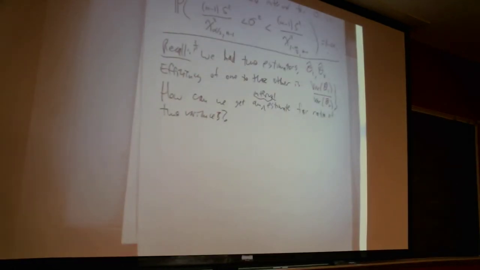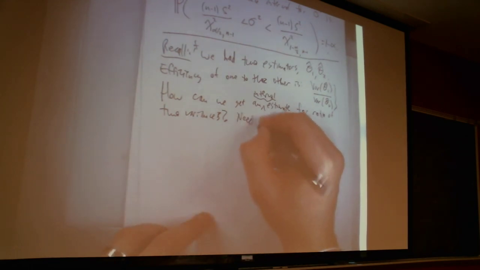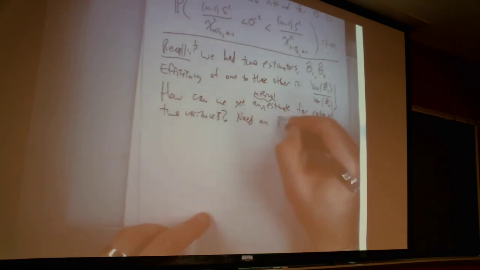This is a new distribution that we skipped when we were having our discussion. How many people know what it's called? 1, 2, 3. Okay. This is called an F distribution. We need a new distribution, we need an F distribution.